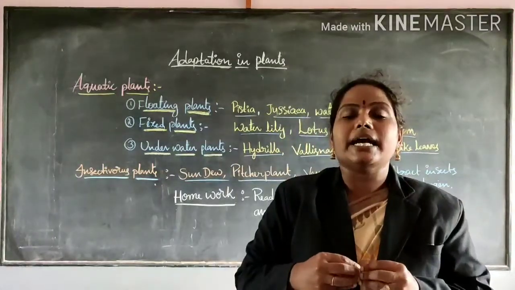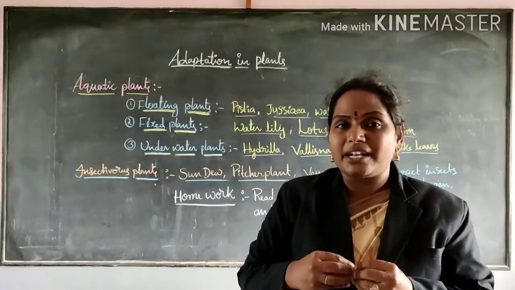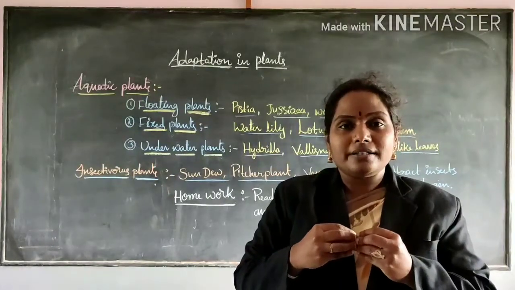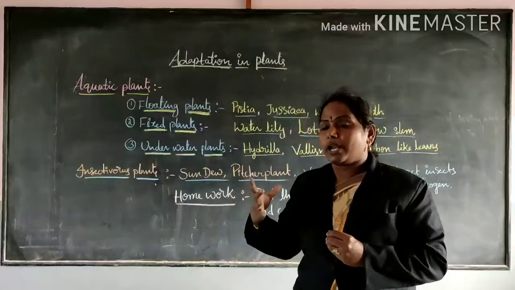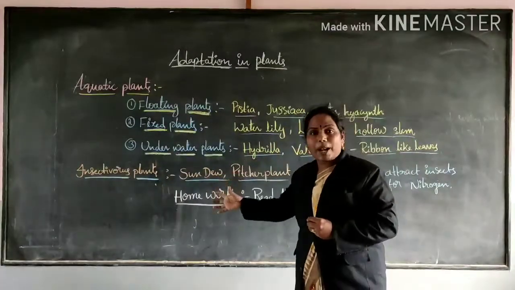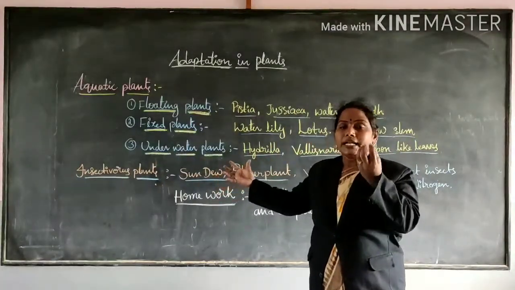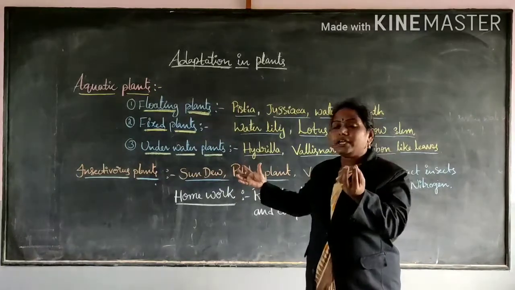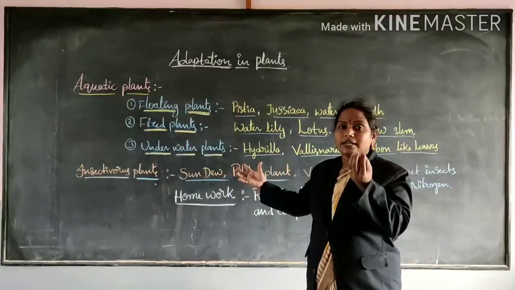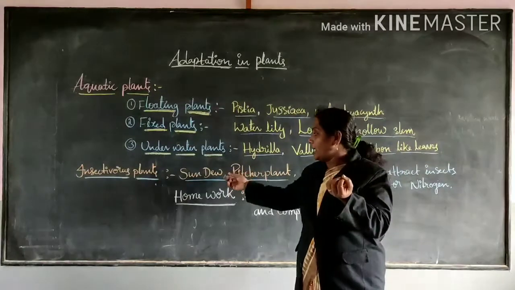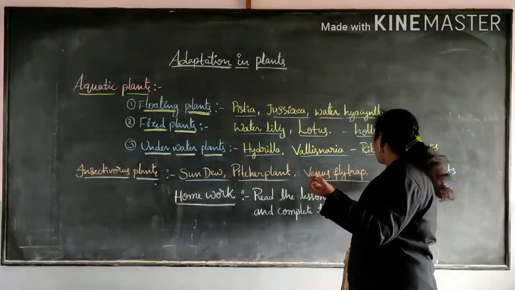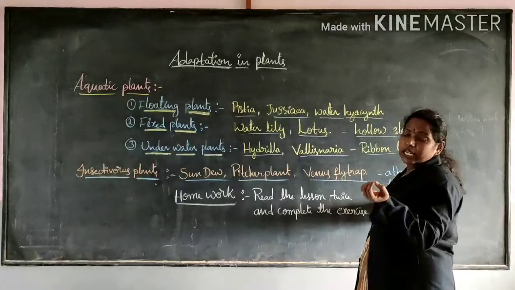They digest and take nitrogen from the insect's body. Here, those plants are known as insectivorous plants. Some plants take food from insects. Here, the food is nothing but nitrogen.